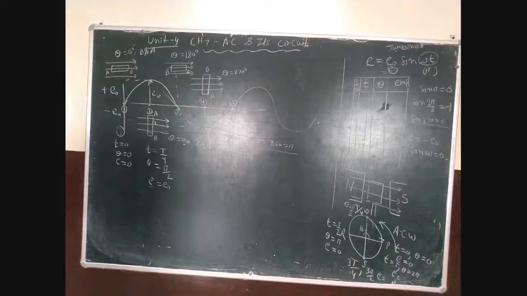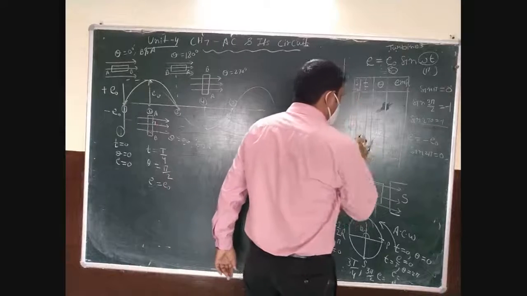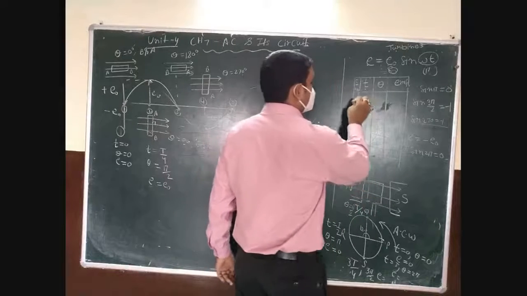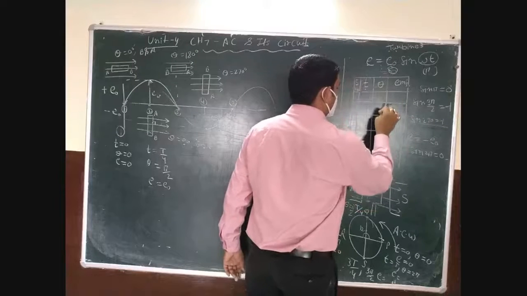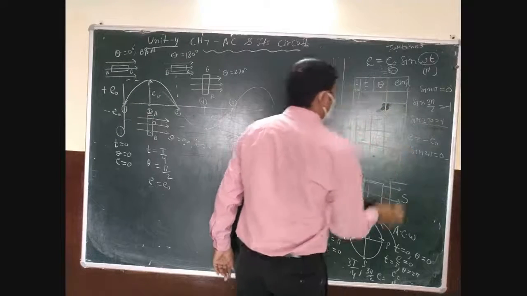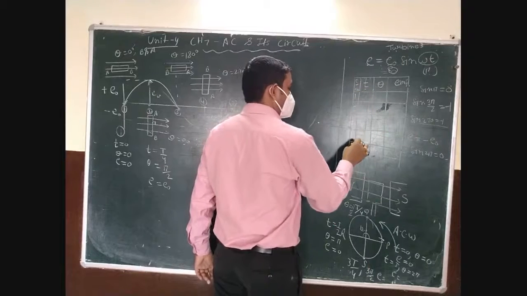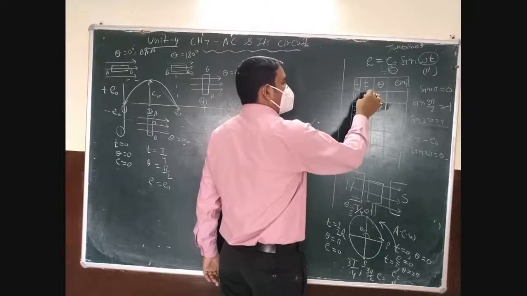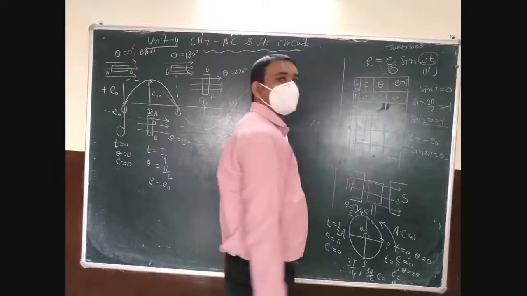Just note it. And now we plot the positions here. That is 1, 2, 3, 4, 5. When time is 0, angle is 0, EMF is also 0.